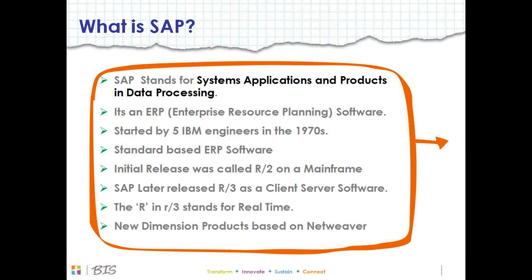See, SAP is an abbreviation which stands for Systems, Applications and Products in Data Processing. Just to understand this word, a small example I'll give you. For example, if you take a Gmail example, if you are giving gmail.com enter, the next screen is coming to you where you are giving user ID and password.